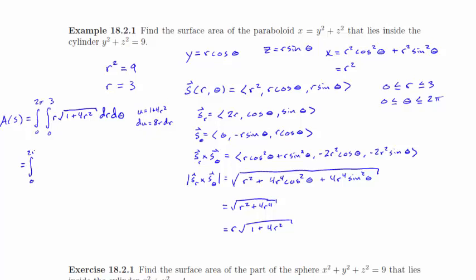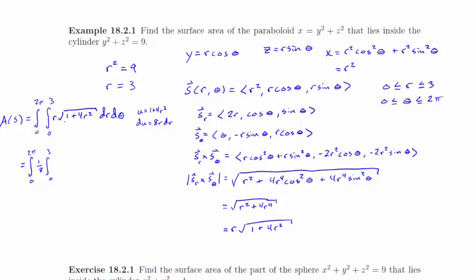I have the integral from 0 to 2 pi, 1/8 times the integral from 0 to 3, and then we have the r dr becomes the du, and the 1/8.